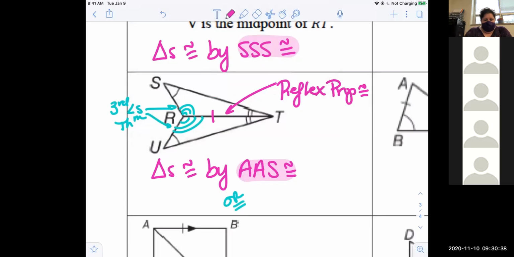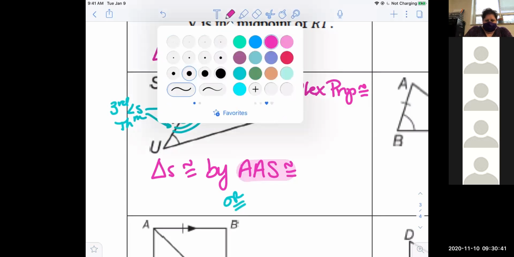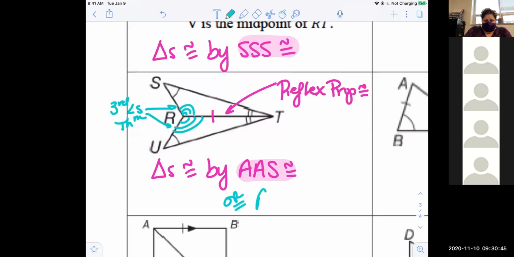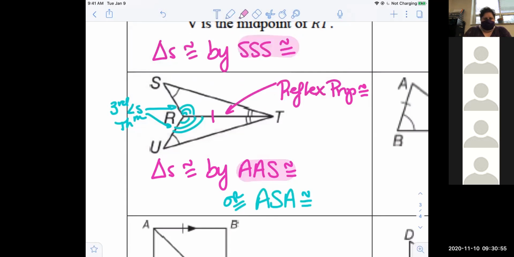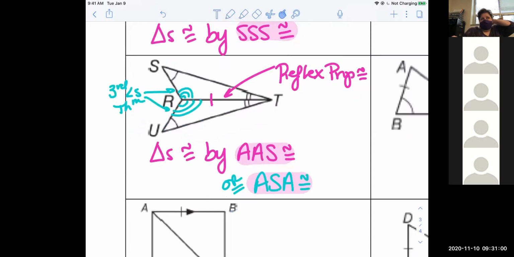But it would be okay for you to also use angle, side, angle. But you've got to make sure that you have marked those parts and that your answer matches the parts that are marked on the picture. So if you happen to think, all right, third angles theorem and then the reflexive, either one of those answers would work. Just make sure that your markings match your answer.